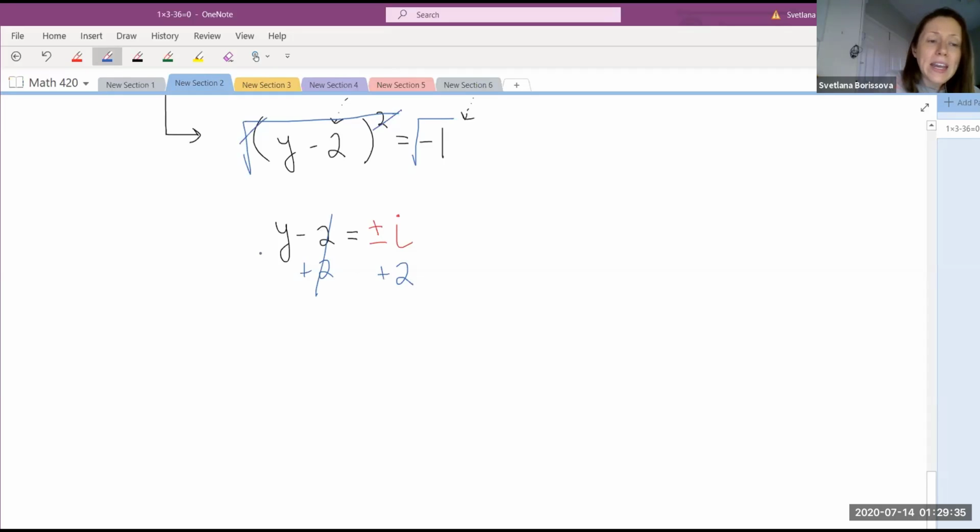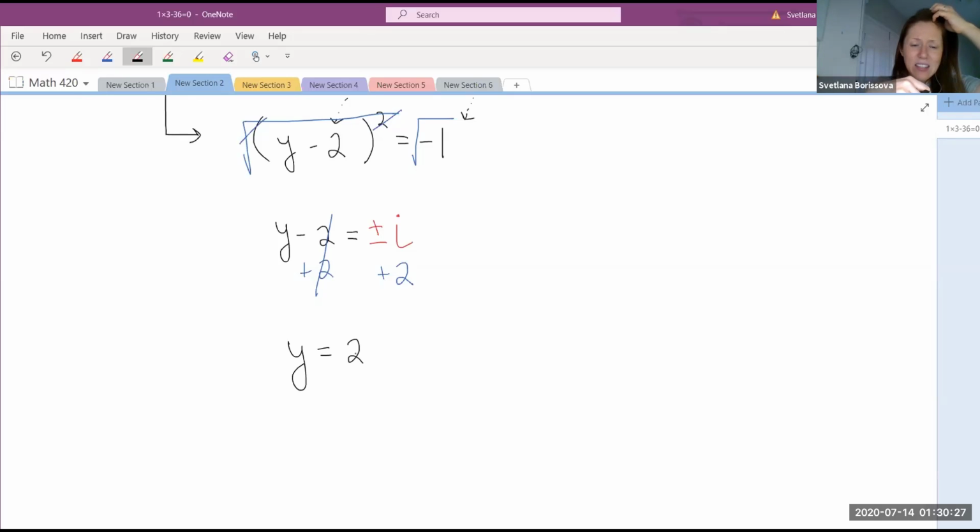Now, can I combine the right-hand side? Can I combine I and 2 together? We'll only be able to write them right next to each other. I'm going to start with 2 because remember, now we're dealing with a complex solution of the quadratic equation.